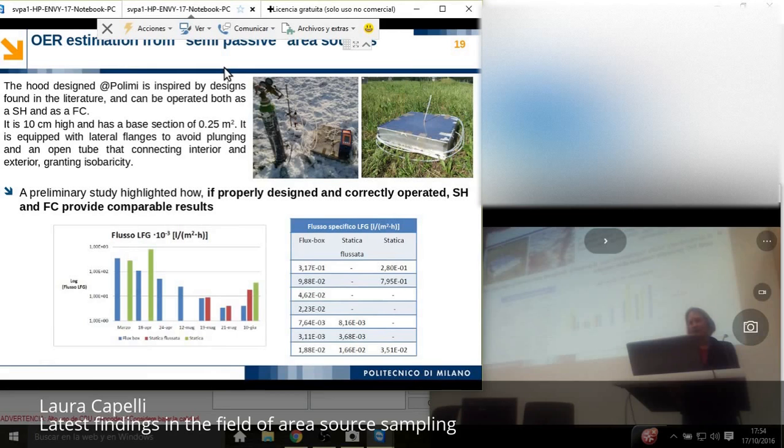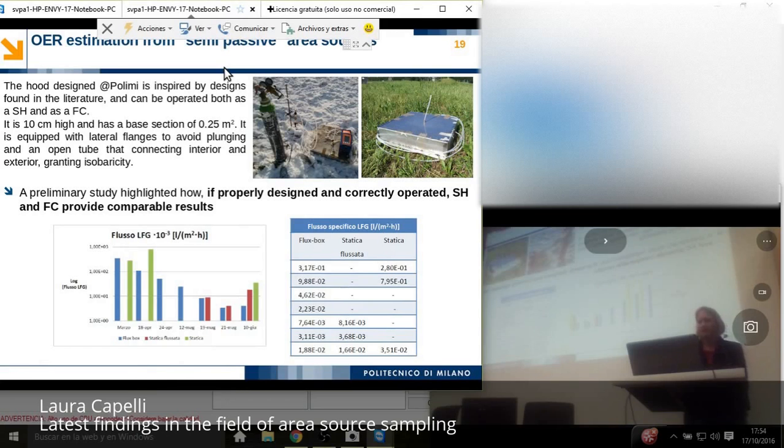And still, our static hood was not really a static hood, because our design was inspired by some studies we found in literature, especially one paper of a German group of 2013, so very recent, in which they decided to use a tube that connects the internal of the hood to the exterior, so that you don't have overpressures inside the hood, which might interact with the emissions from the soil.